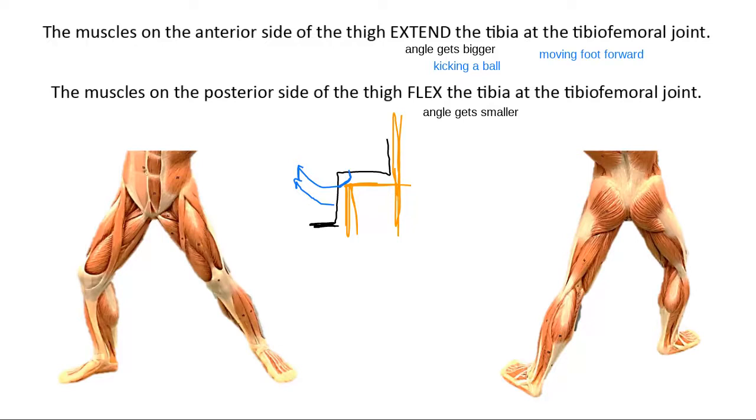Let me add my arrow. Because when I move the leg backwards, the size of my angle gets smaller. So moving foot backward, that's called flexion because it's getting closer to your body. Moving the foot forward is called extension because it's getting away.